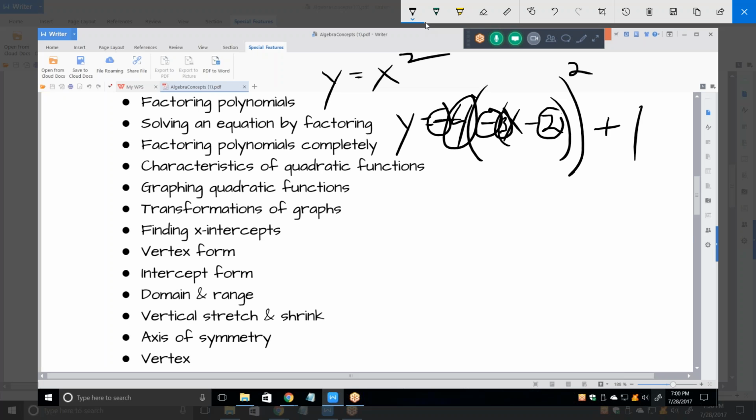What's this number 2? Horizontal stretch. Horizontal shift. Which way? To the right or the left? Right. Correct. And what's that? Vertical shift.